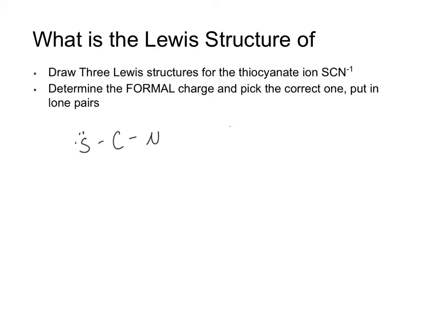We're then going to place our remaining electrons as lone pairs around the outer atoms. But we see here that carbon does not have an octet, and so we can start by maybe placing these electrons into the middle between sulfur and carbon, giving us this Lewis structure.